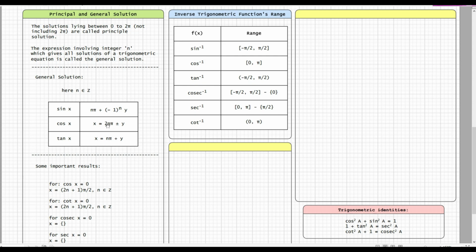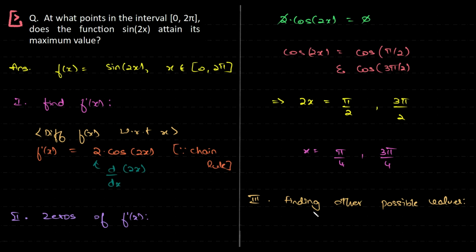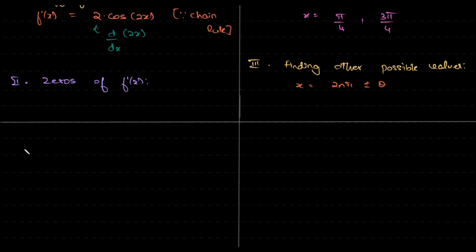In trigonometry, for the general solution of cos, x is 2n pi plus or minus theta. The first case is n equal to 1, because that's the only one we are concerned with, and theta is equal to pi by 4.